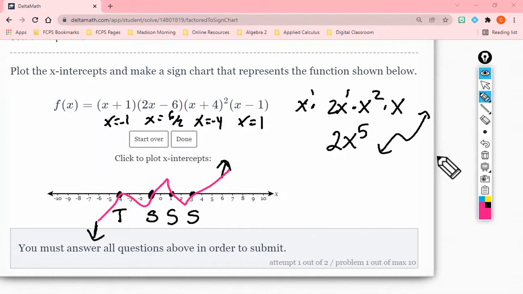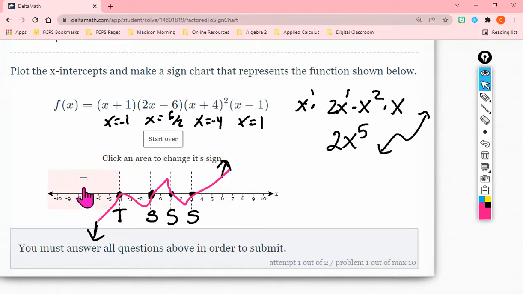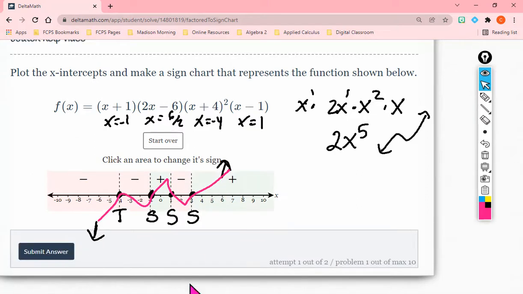All right, now let's transfer this. So plot the x-intercepts. 1, 2, 3, 4. Done. Now change the signs. It's going to start negative because it's below. Because you did all of that stuff. Here, it's still below. Above, below, above.